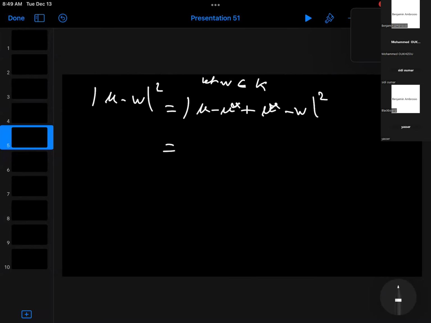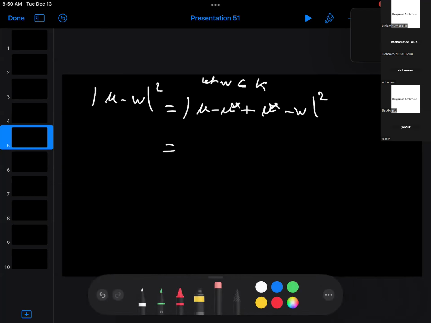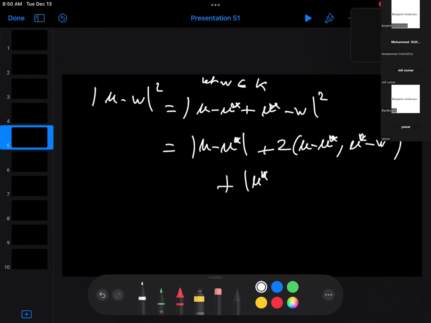And since this is defined thanks to a scalar product, I obtain the norm of U minus U star squared, plus 2 times the scalar product of U minus U star and U star minus W, plus the norm of U star minus W squared.